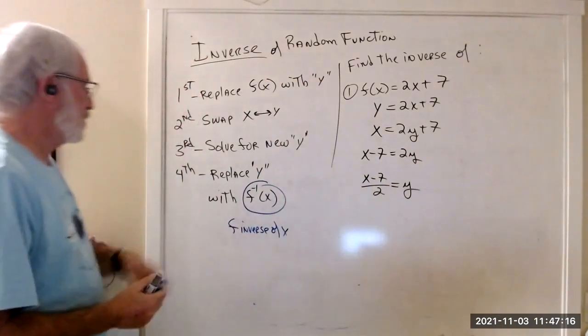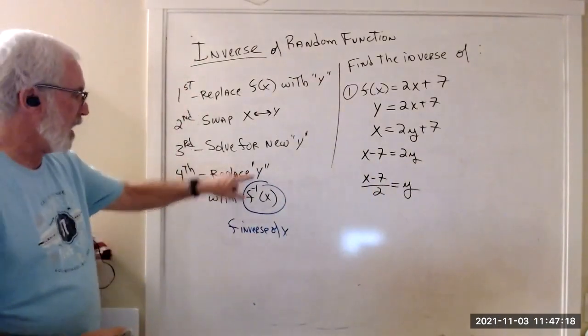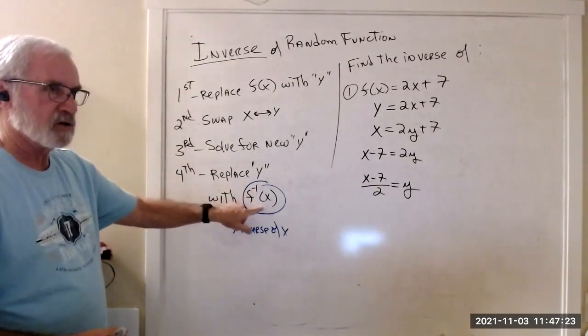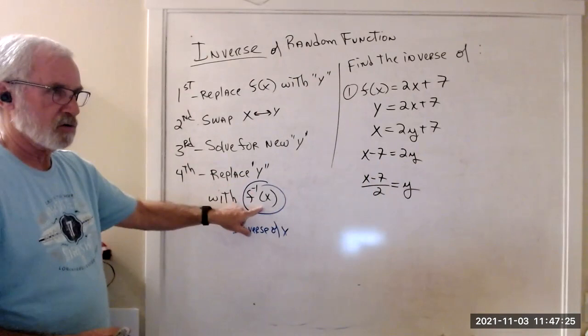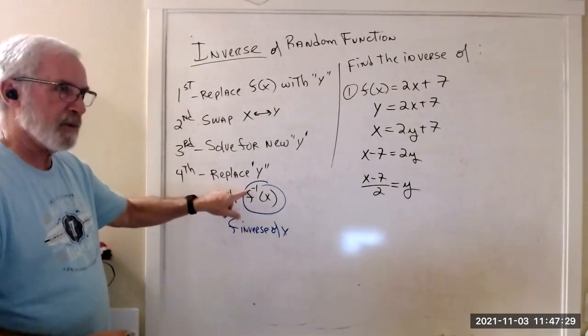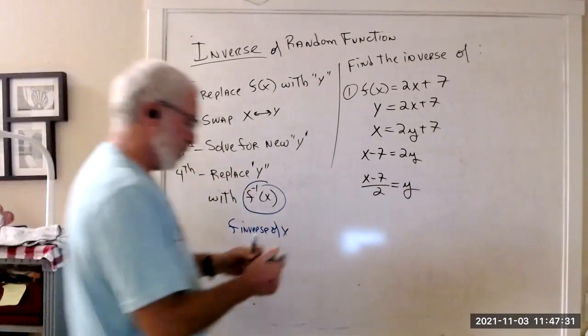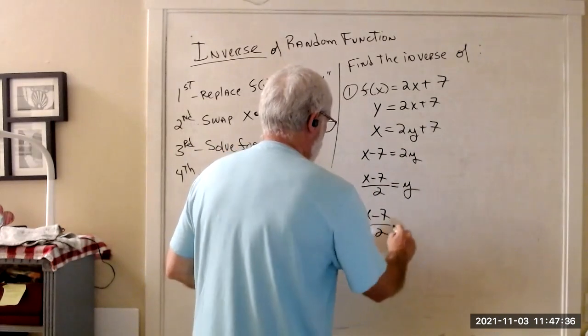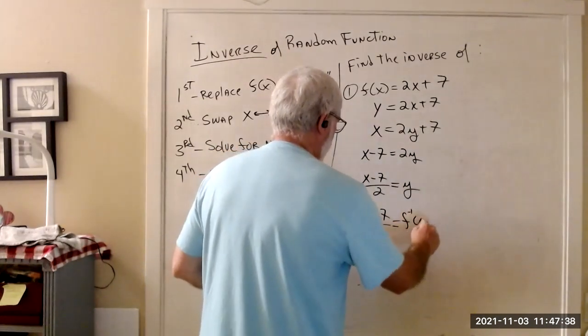And then it says, replace the y with the f inverse of x. Remember, this is a new notation. On a function, the -1 power means the inverse. So we would say x minus 7 over 2 equals f inverse of x.